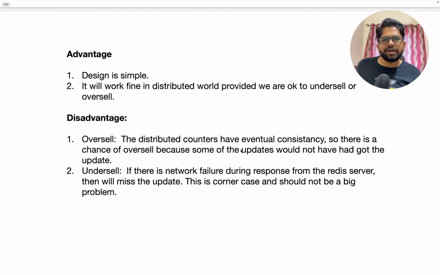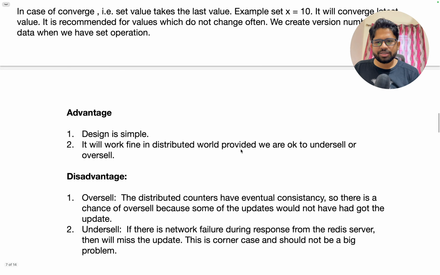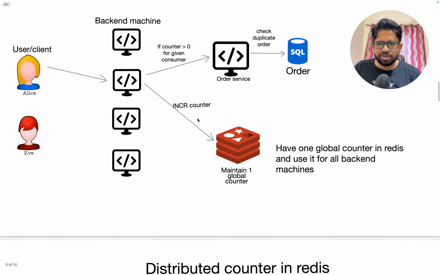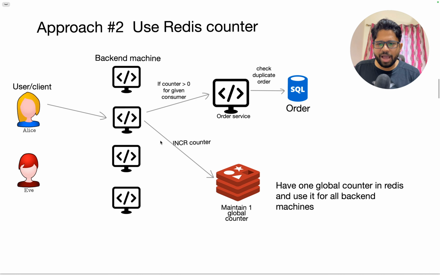So you ended up increasing the value again. So you might undersell, because you have incremented the value on the server, but you didn't get that value back. While getting back, you got some error. So in those cases, you might undersell.